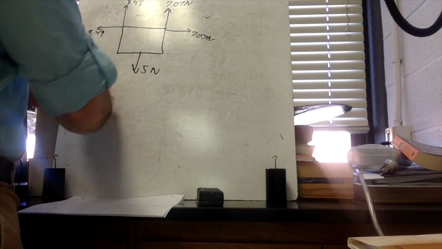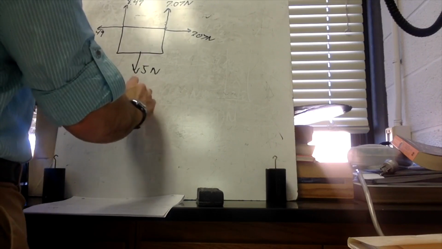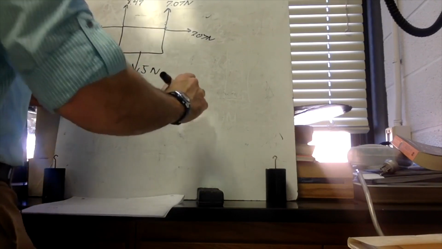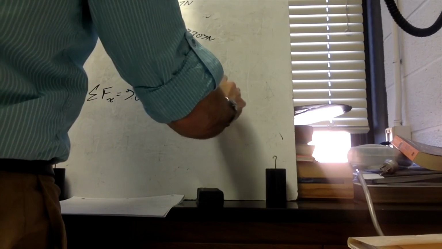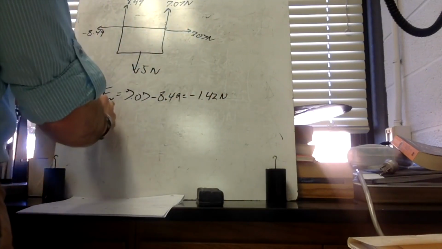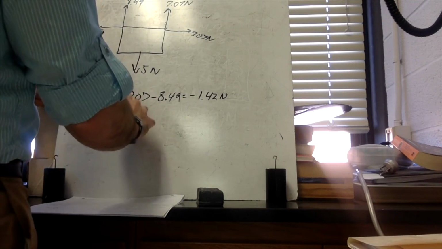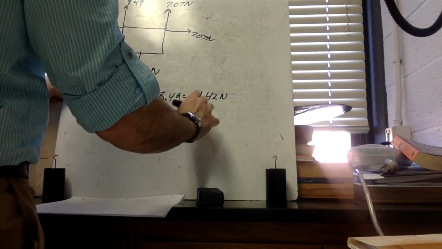So the net force in the x direction is 7.07 minus 8.49. So that gives me negative 1.42 newtons, and the net force in the y direction is going to be 7.07 plus 8.49 minus 5.